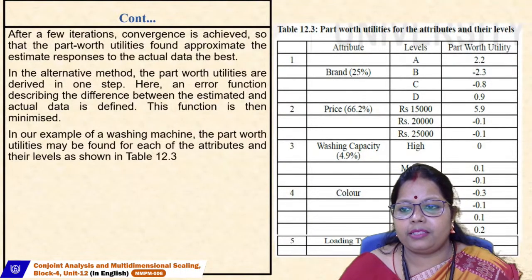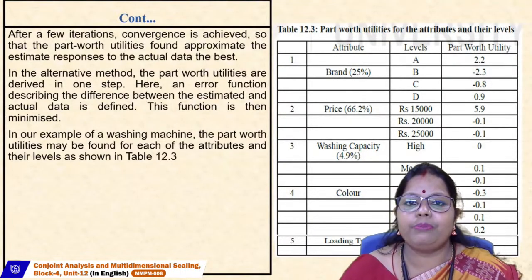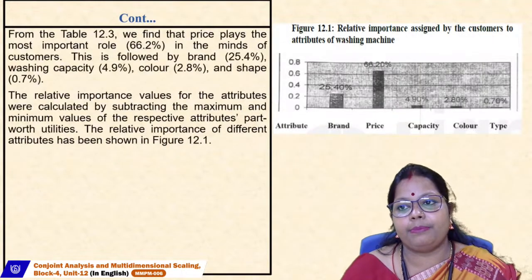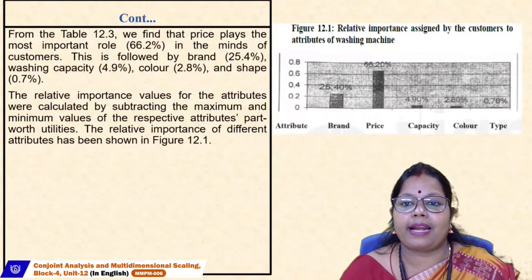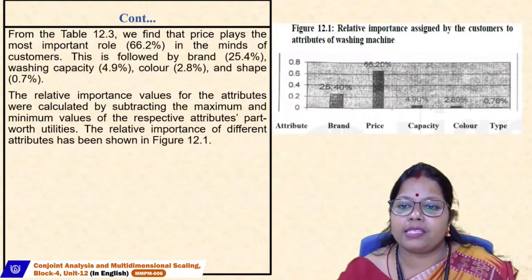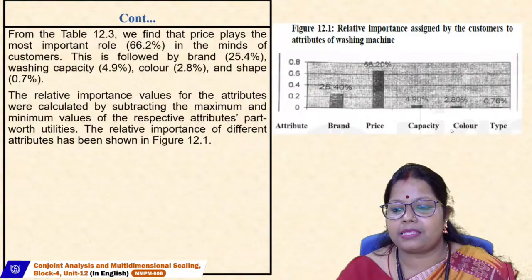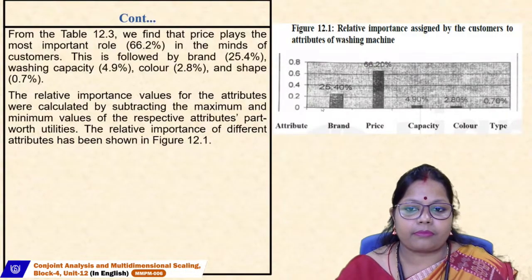From table 12.3, the same thing we have plotted here, which will be easy for us to understand the relative importance assigned by the customers to the different attributes of the washing machine. The attributes are brand, then price, capacity, color, and type.